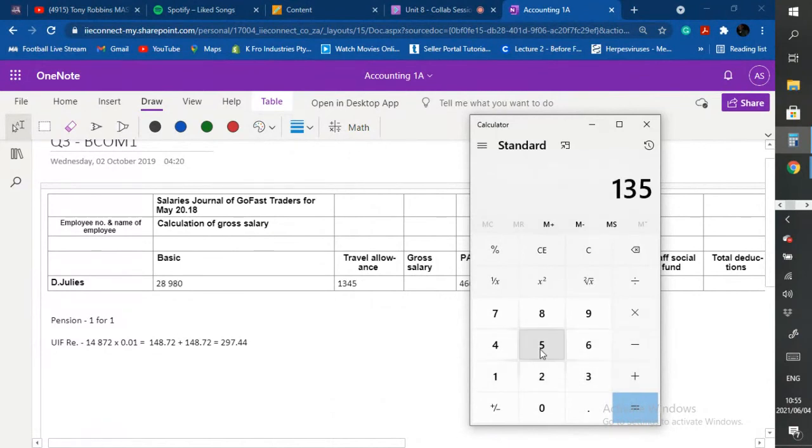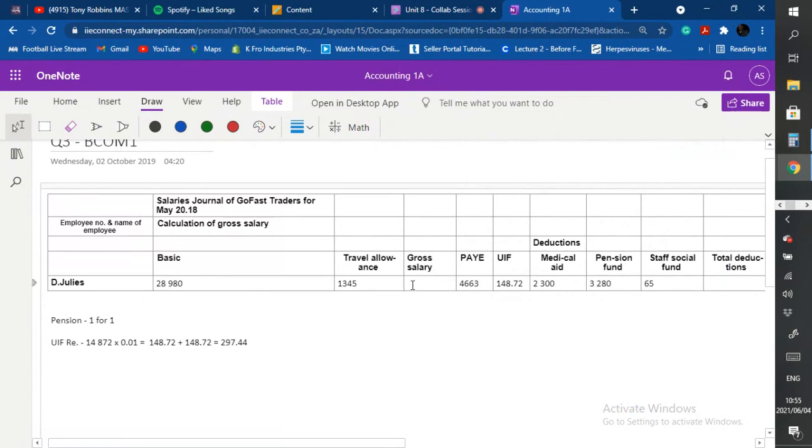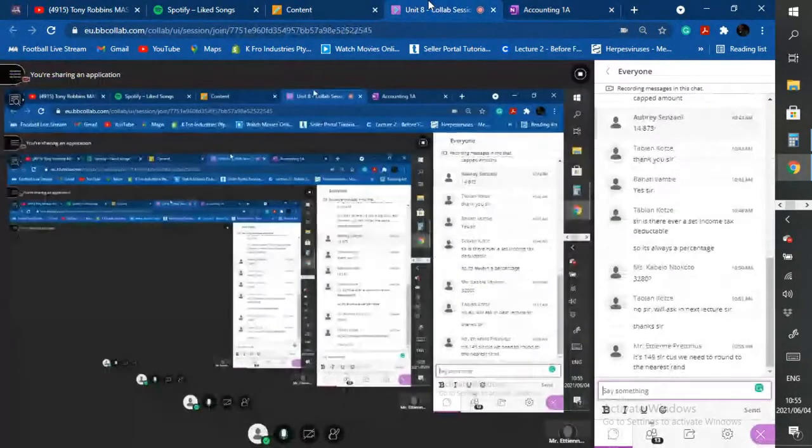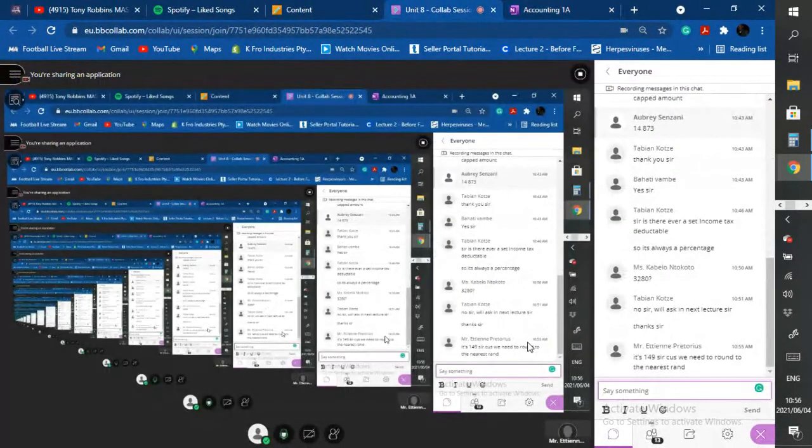I just want to quickly add this before we proceed. So that's our gross salary before deductions. And then we'll calculate total deductions now.